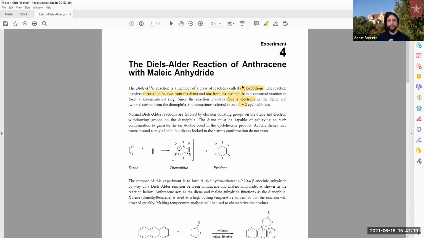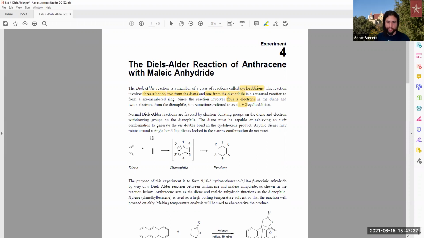As an undergraduate, I was a little bit confused on what they meant by that. What they mean here is the electrons. So right here on the diene, this is the first part. 1, 2, there's 2 double bonds. That means that there are 4 pi electrons involved on the diene.